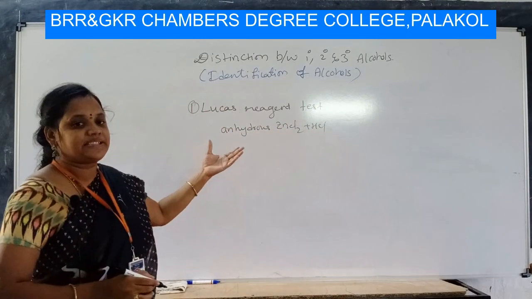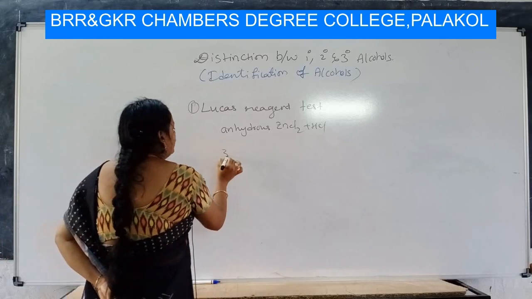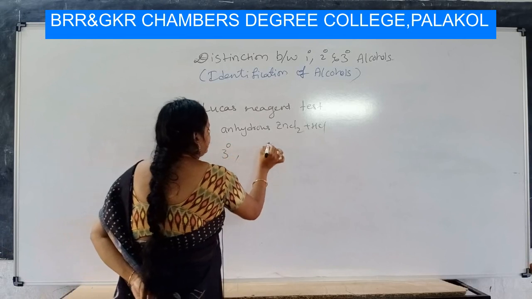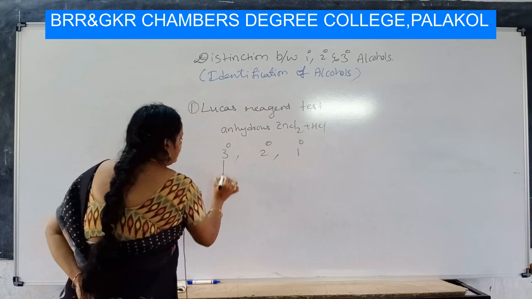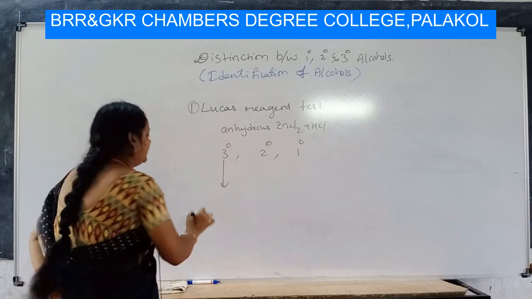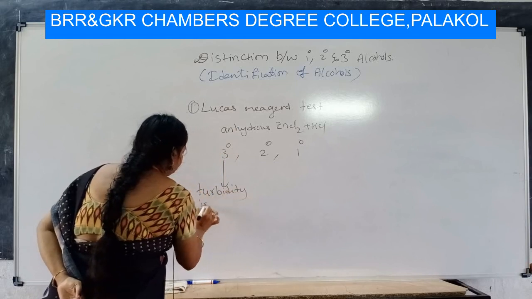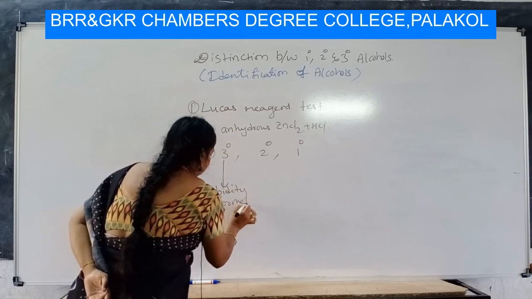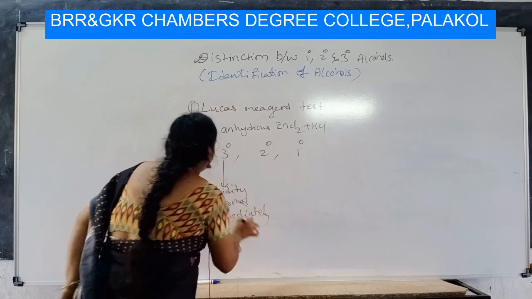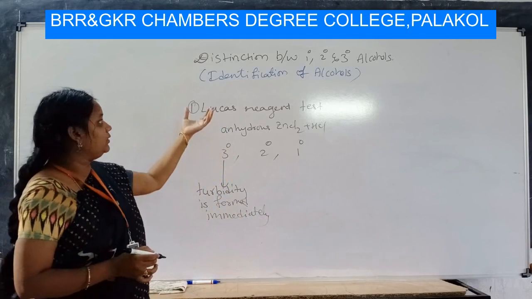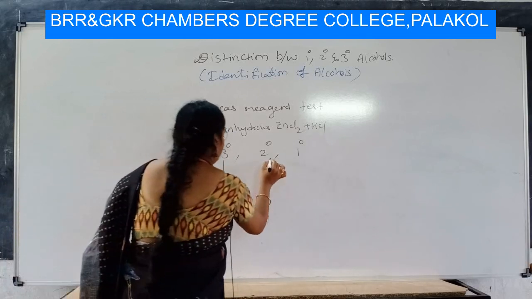What happens if you take a tertiary alcohol, a secondary alcohol and a primary alcohol? If you take tertiary alcohol and add Lucas reagent, turbidity is formed immediately.